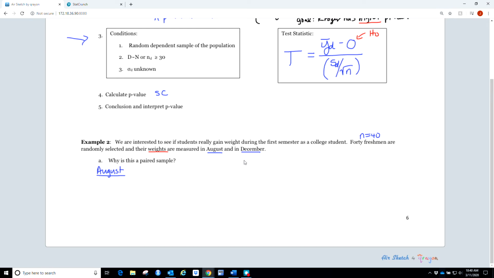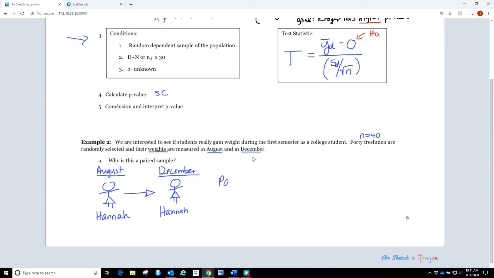So we have our August and our December. So let's suppose that in August we sample a girl named Hannah. Now, because I sampled Hannah in August, is there anything I have to do now in December? Well, I have to sample Hannah again because their weight is measured in both August and December. So why then is this a paired sample?